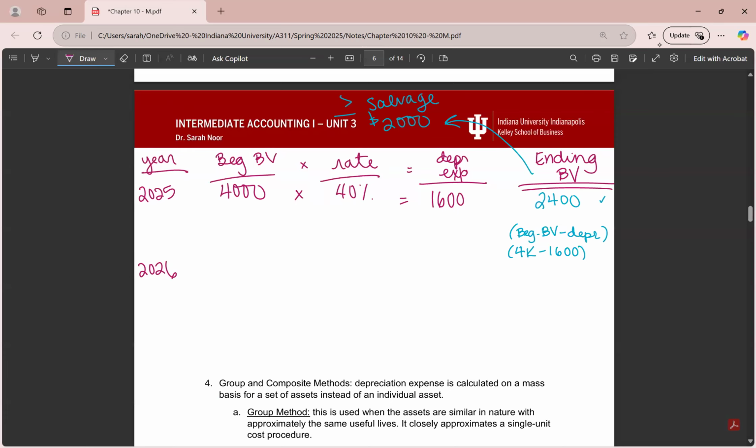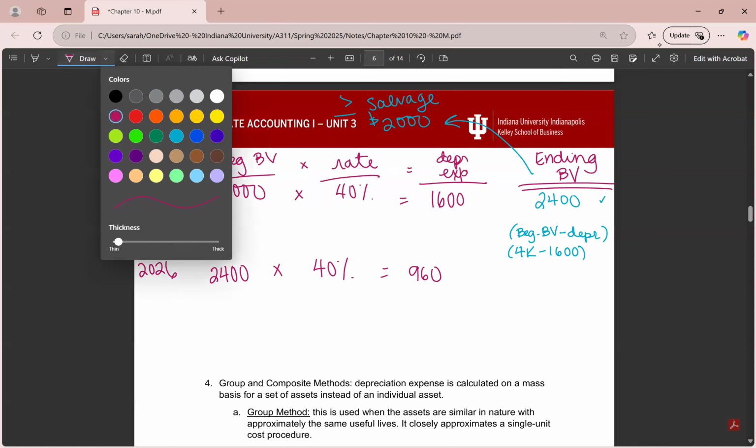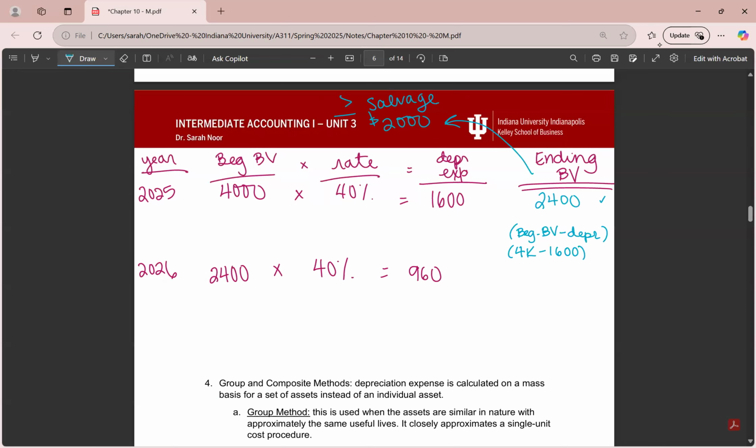In 2026, our beginning book value is now 2,400 because that's how much we ended with in the year prior. That is what is on our books. The rate is still 40%, and so depreciation is 960. Again, we're going to make sure, can we actually depreciate 960?